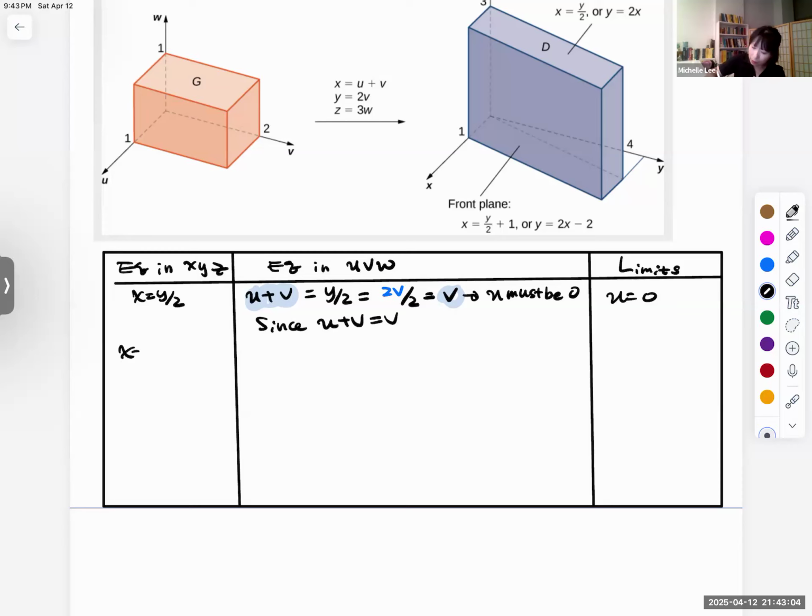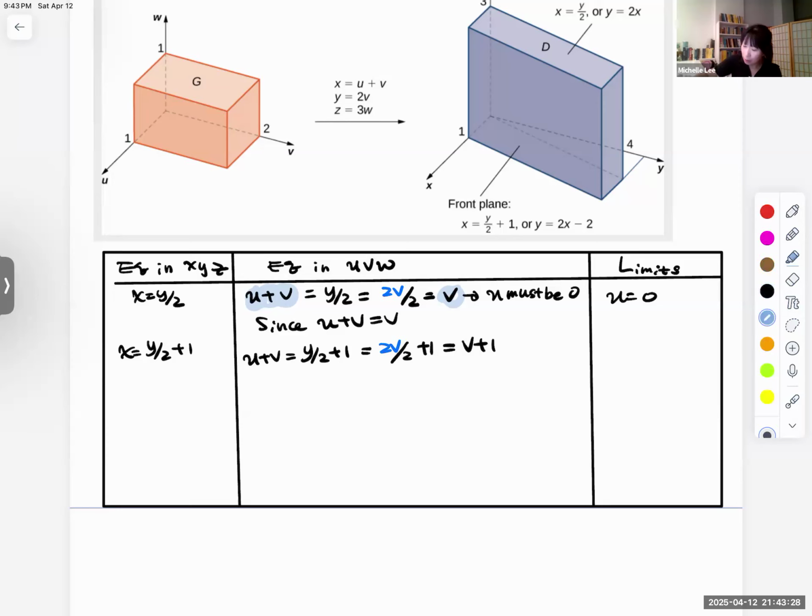And then we have x equal to y over 2 plus 1. Same process. So u plus v equal to y over 2 plus 1, which is 2v over 2 plus 1, which is v plus 1, right?